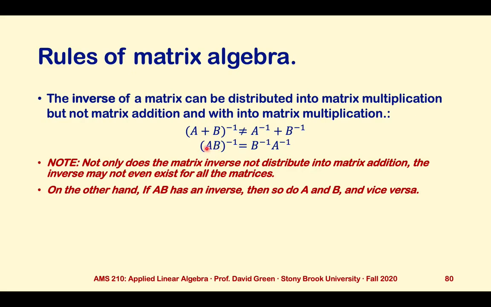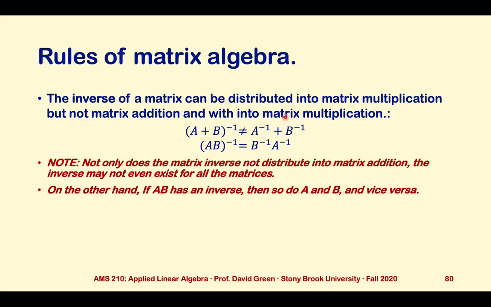If AB has an inverse, then A and B have inverses, and vice versa. If the inverse for AB exists, then it will be equal to the inverse of B times the inverse of A, where we distribute the inverse and change the order. Again, this order change is essential.